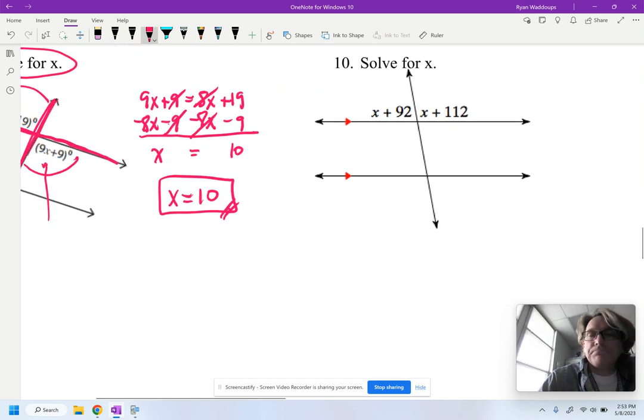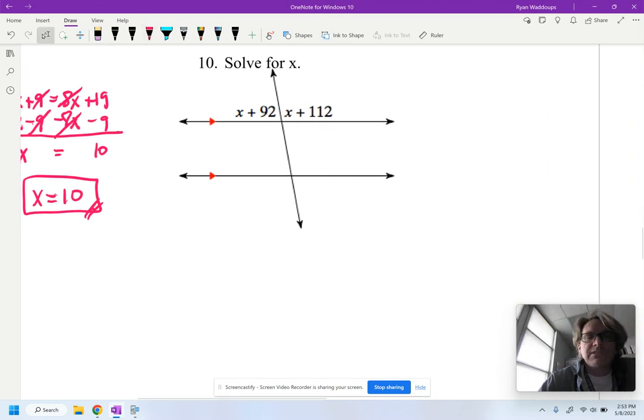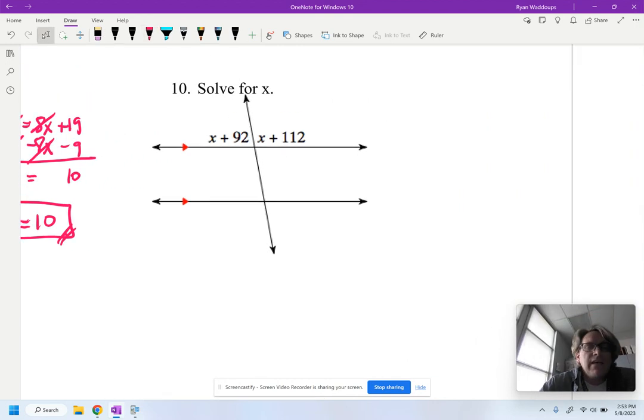X equals 10. And then for 10, it says solve for x. In this case, these two angles are not congruent. They form a 180 degree angle, they form a straight line. And so what we're going to do is add them together. x plus 92 plus x plus 112, and the total there is 180 degrees.